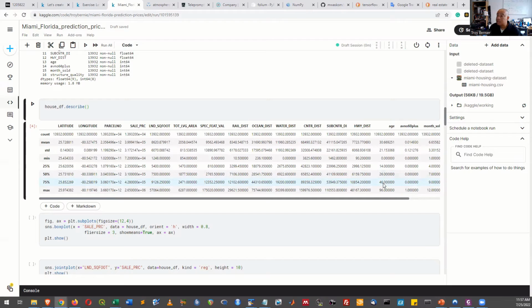75% or more of the homes, this third quartile, is 46 years old. So the majority of the homes in Miami are 26 years old and older. That means Miami-Dade has a lot of old homes.